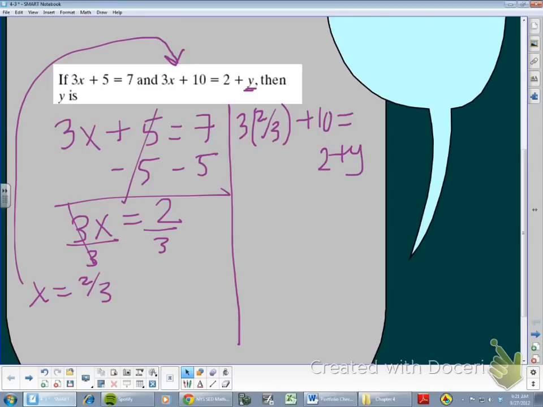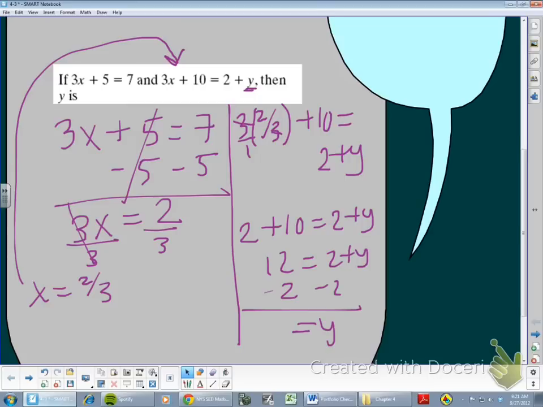Well, 3 times 2/3, put that over 1, and the 3's cancel, so you have 2 plus 10 is equal to 2 plus y. So 12 is equal to 2 plus y. Subtract 2 from both sides. y must be 10. And if you put that back in the equation, 2 plus y is 12, and 3 times 2/3, which is 2, plus 10 is also 12.